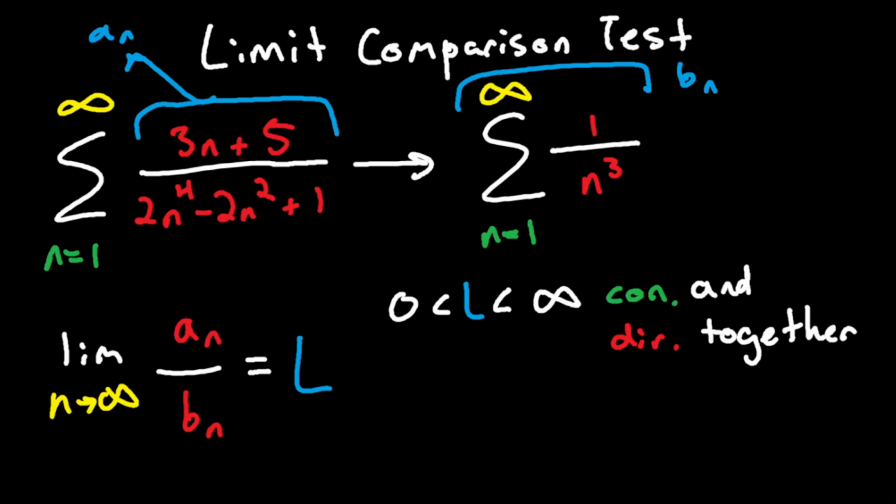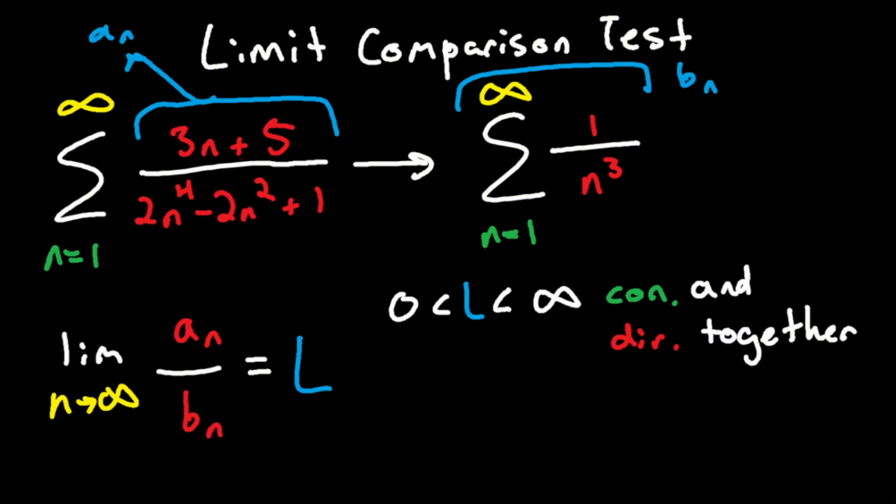So what does this mean? That means if b of n diverges, then a of n diverges. If b of n converges, then a of n converges. If a of n converges, then b of n converges. And if a of n diverges, then b of n also diverges. Basically, whether one of the series, a of n or b of n, converges or diverges, the other one must do the same.